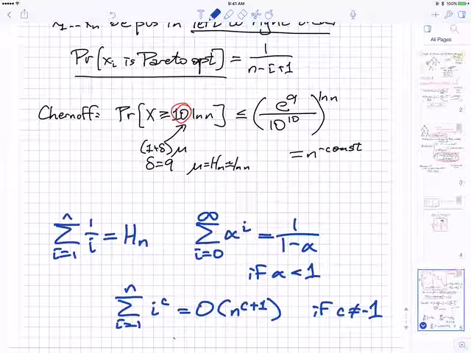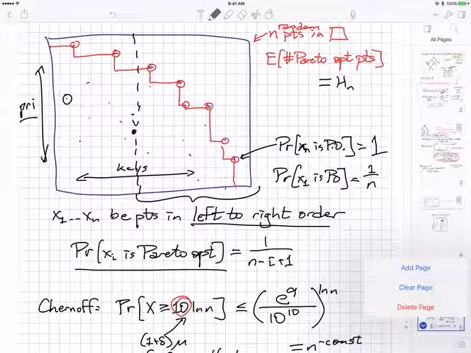Ish. Yeah. In the problem on Pareto optimality, are the xi's mutually independent? Sorry? The probability that xi is Pareto optimal, are these random? These are in fact mutually independent. And the argument is, suppose I tell you that point x1 is Pareto optimal. What have you learned about the ordering of the points to the right of x1?